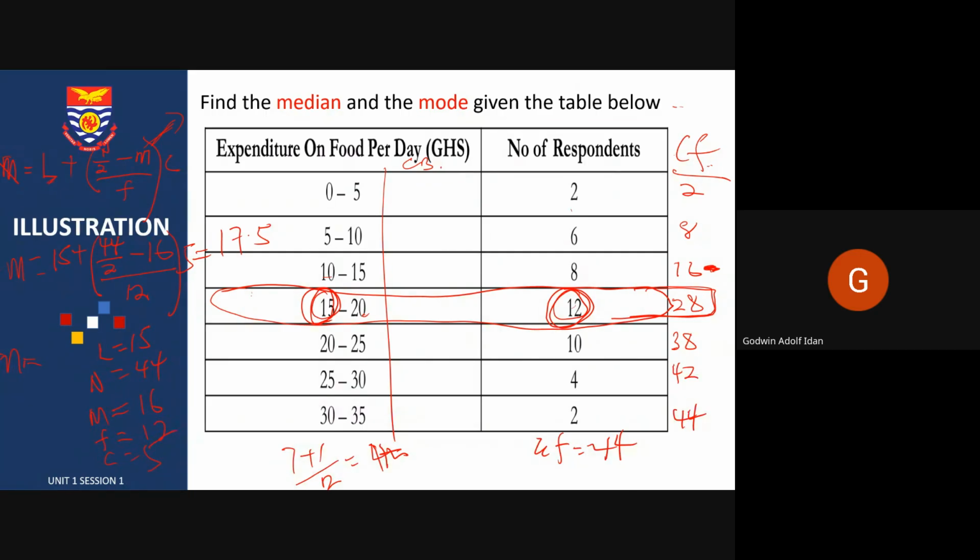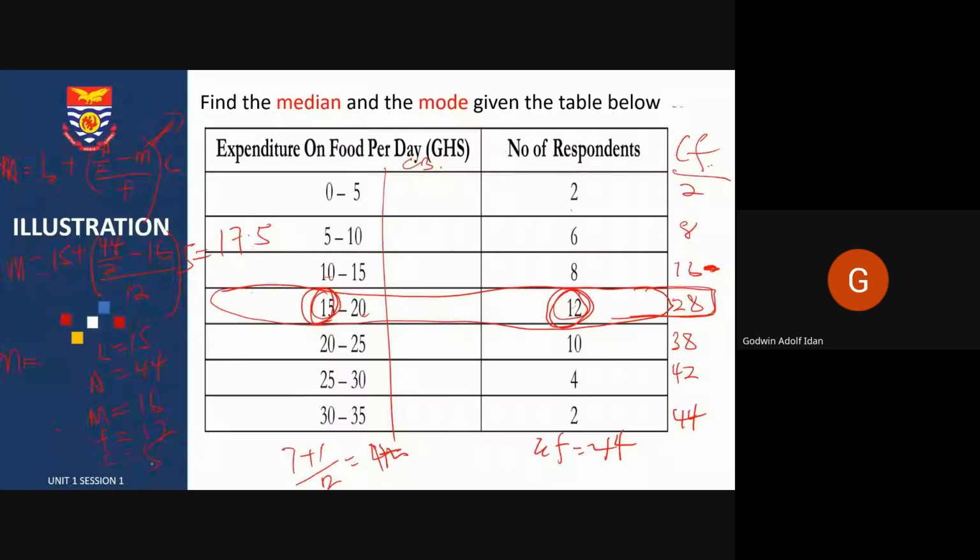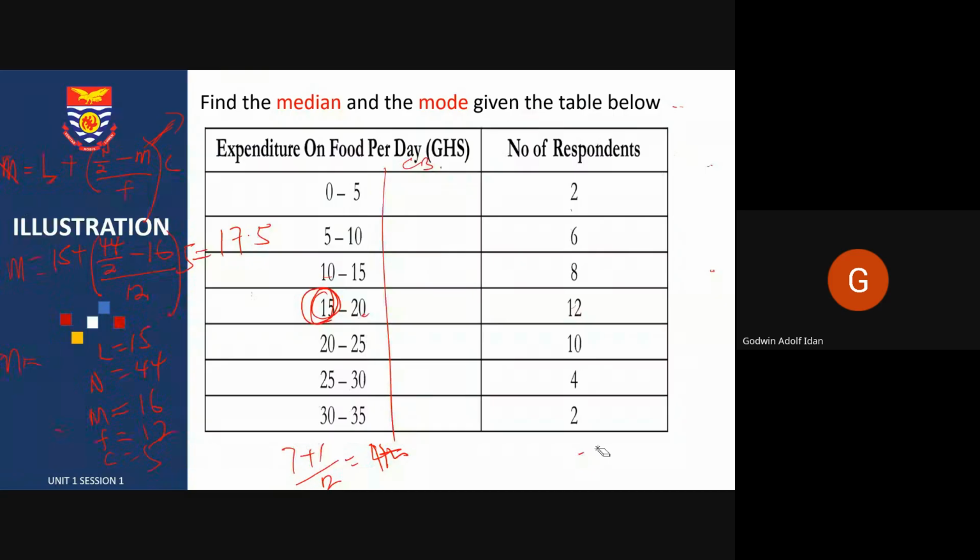So let's use the same approach to solve for the mode. For the mode, we don't even need the cumulative frequency, because the formula says that we should calculate the modal class first.